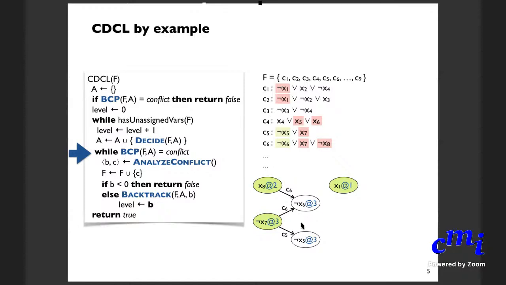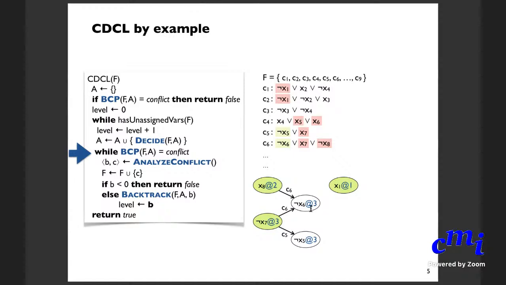So the implication graph not only keeps track of all the implied literals that are generated as a result of the BCP process, but also the dependency among these implied literals and the clauses.